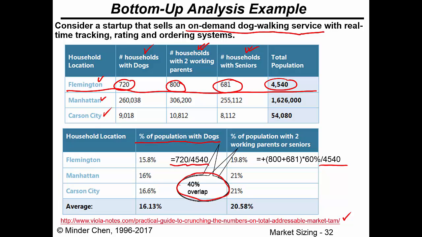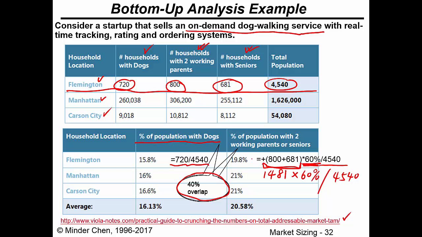However, we realized through our research that between households with 2 working parents and households with seniors, there's about 40% overlap. So we need to take out that 40%, which leaves 60%. So it's 800 plus 681, which is 1,481, times 60%, and then divided by 4,540.